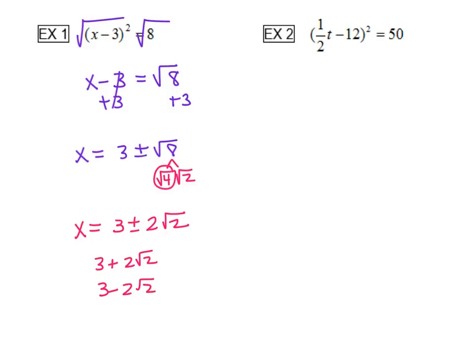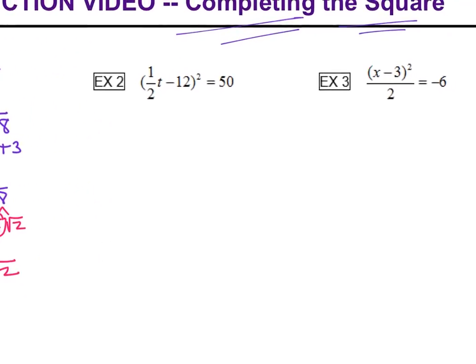But if you notice, I'm not taking a calculator to figure out what the square root of 8 is and getting some decimal answer. This is considered an exact answer, and this is the form that we're going to have our answers in. So when you square root both sides, if it's a number you can't take the square root of, then we will be reducing it. Alright, so let's try another one.